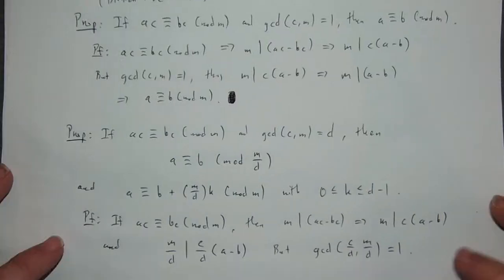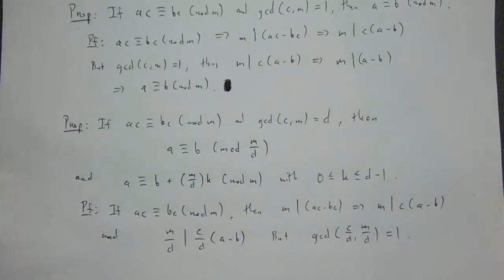If you consider a pair of integers, consider their GCD, call it D. Then if you take each of those and divide by D, they are now relatively prime. So taking a pair of integers, dividing them by their GCD yields a pair of relatively prime integers. Okay, so the GCD of C over D and M over D is 1.